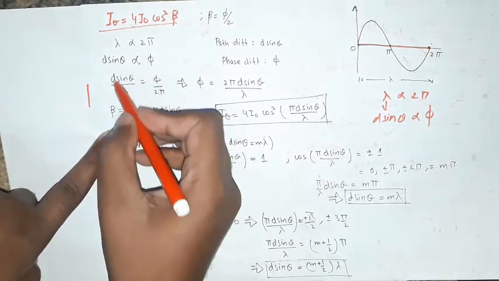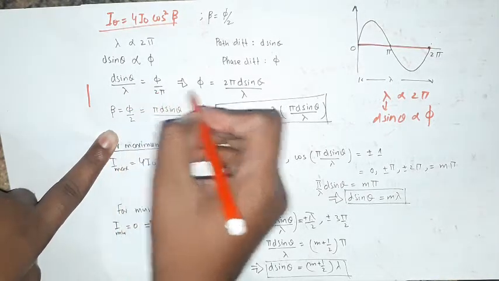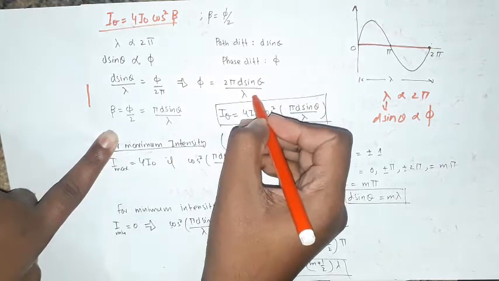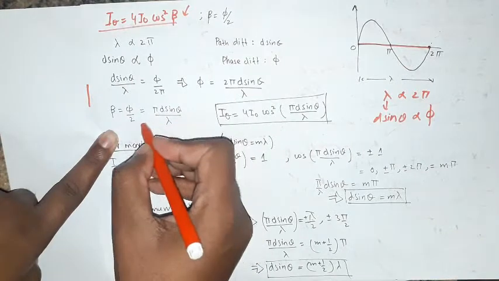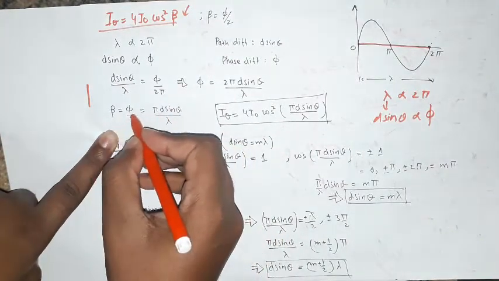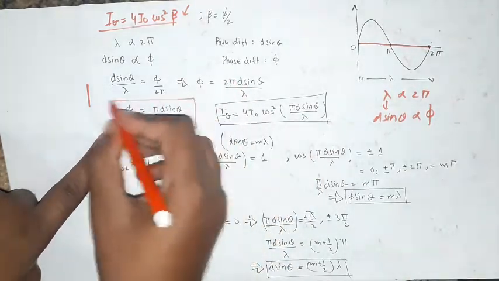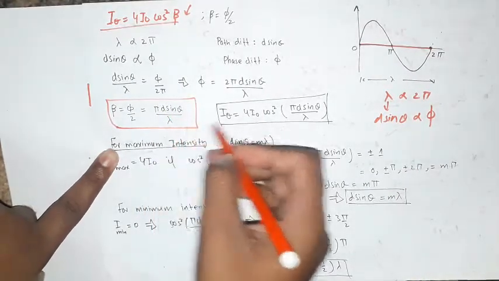So lambda corresponds to 2 pi and d sine theta corresponds to phi. If I divide these two, I get d sine theta by lambda is equal to phi by 2 pi. From here I can get the value of phi, that is 2 pi d sine theta by lambda. But because we are interested in finding beta, that is equal to phi by 2, I divide this whole expression by 2. So this gives me beta is equal to pi d sine theta by lambda.